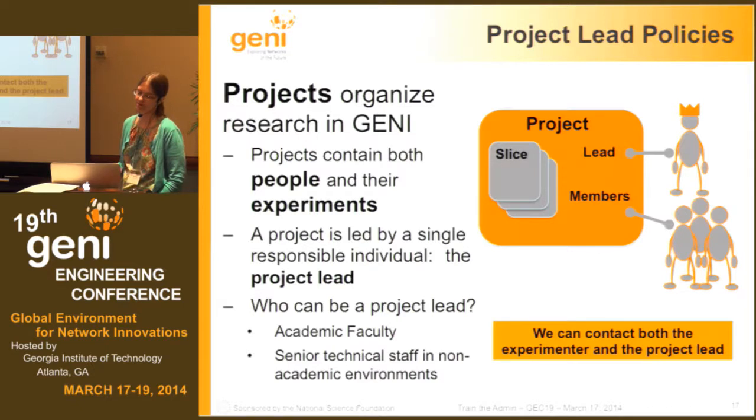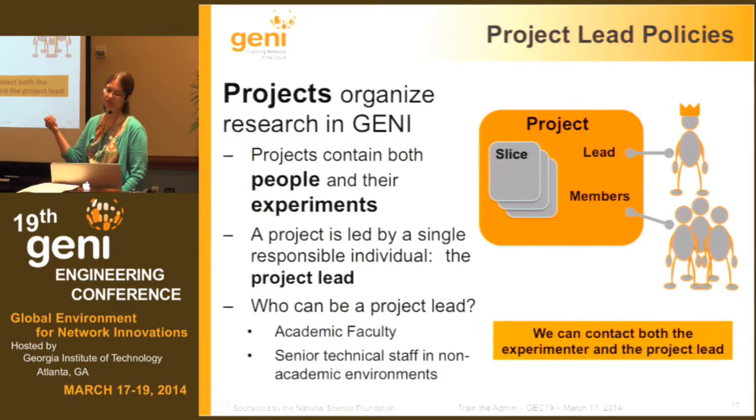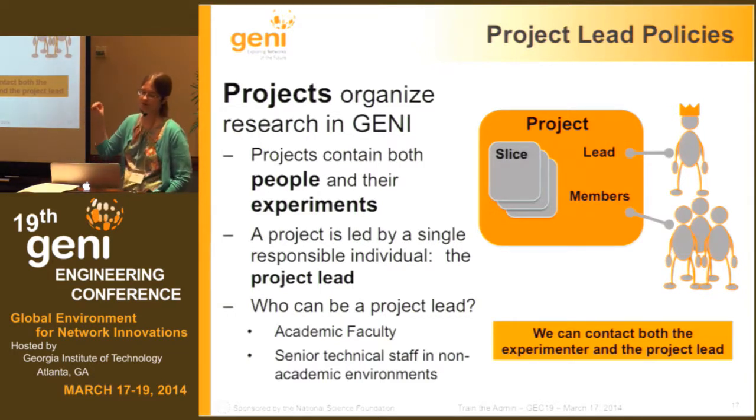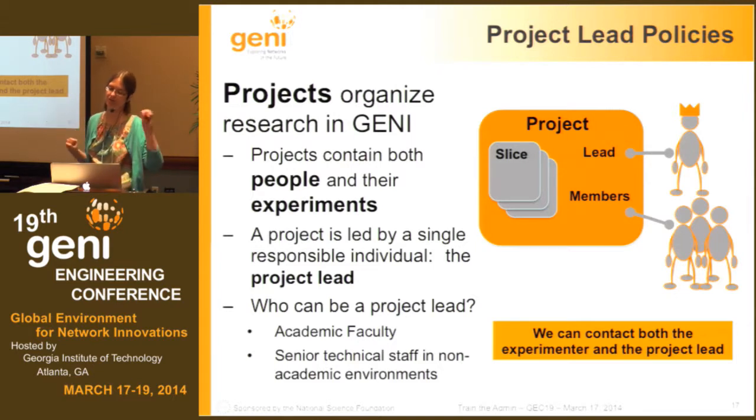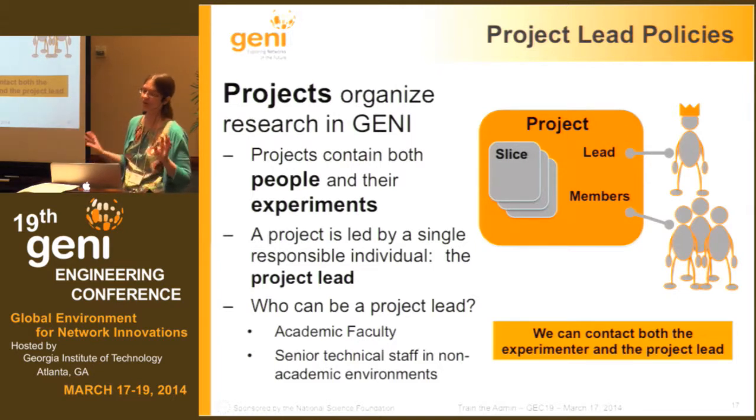And what that means is that the combination of this InCommon IdP user account business is combined with this, and we can contact both the experimenter and the project lead if something goes wrong. And we, on occasion, do that, not real often, but it does definitely happen. So we have this ability to contact multiple relevant parties if there's an issue.